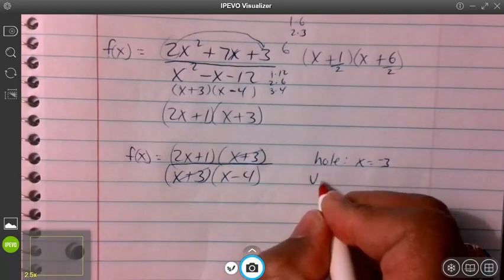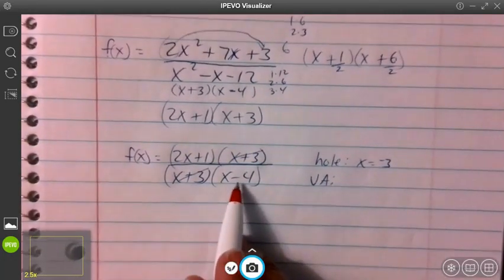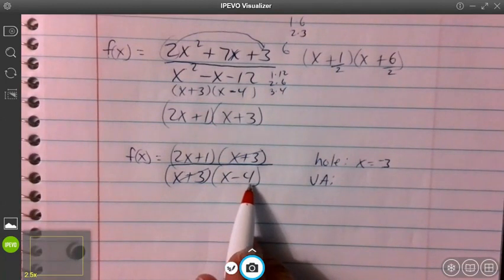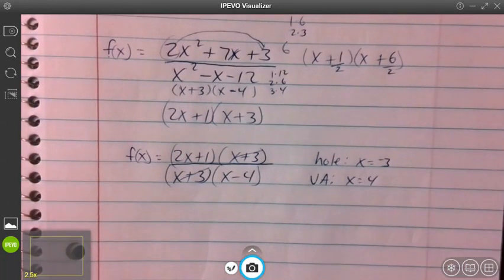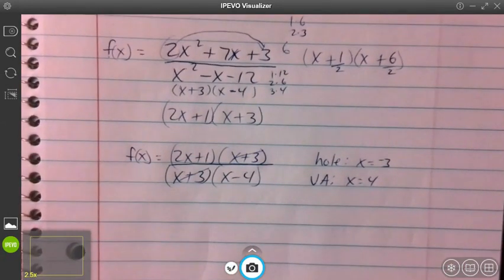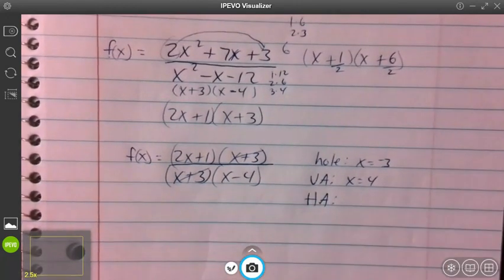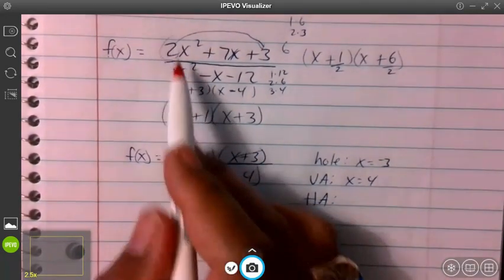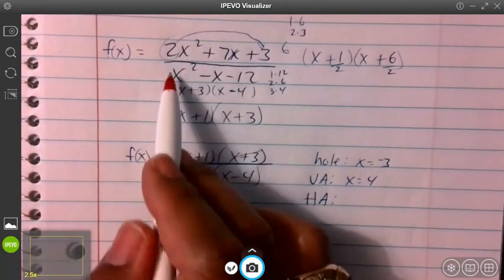We have a vertical asymptote from the solution here at the bottom. What minus 4 gives you 0 is 4. So we have x equals 4 will be my vertical asymptote. Now my horizontal asymptote comes from the original problem. Remember, the degree is the same, so we just divide our leading coefficients.